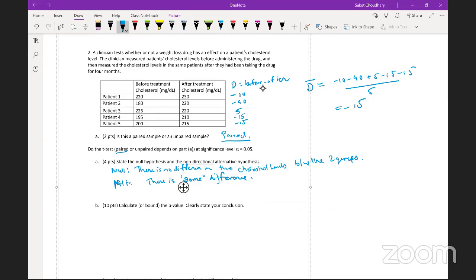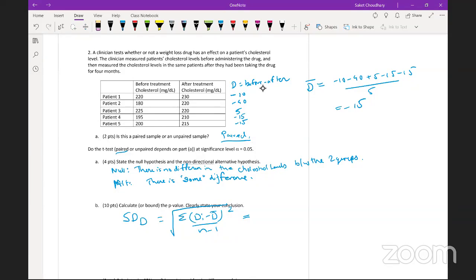What we actually need is the standard deviation of d, which is given by the square root of the sum of (di minus d bar) squared, divided by n minus 1. If you calculate this particular value, it is going to be 16.2.